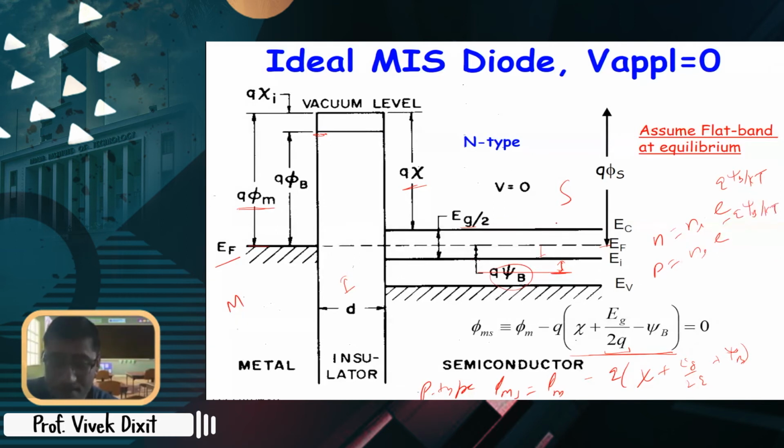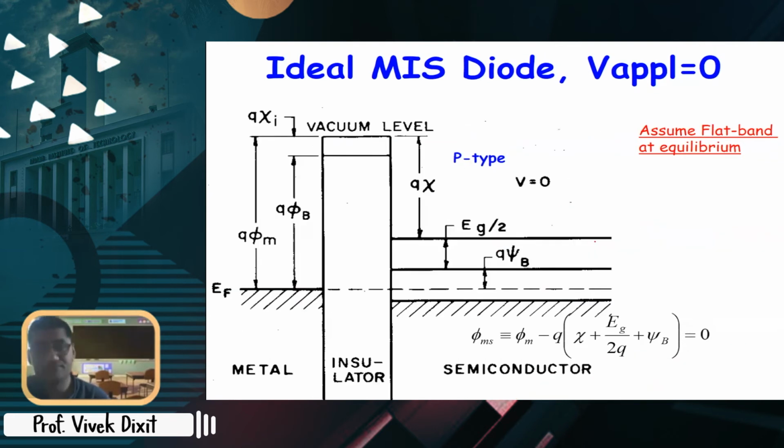Now this is for n-type. For p-type, the signs will change, right? Because this will be psi b now. You can see in the next slide here. This is for p-type. So now this is Q psi b. So here p-type will be exponential Q psi b by KT. So please be careful about how you define Q psi b.